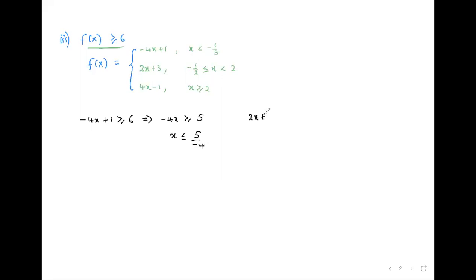Then 2x plus 3 greater than or equal to 6, so 2x is greater than or equal to 3. Divide by 2, so x is greater than or equal to 3 over 2. Then 4x minus 1 greater than or equal to 6, so 4x is greater than or equal to 7. Divide by 4, so x is greater than or equal to 7 over 4.